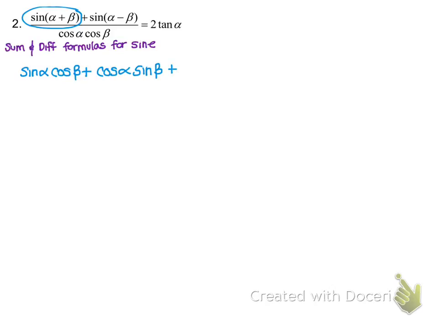And we're going to add it to the difference formula for sine, which is sine alpha cosine beta minus cosine alpha sine beta.